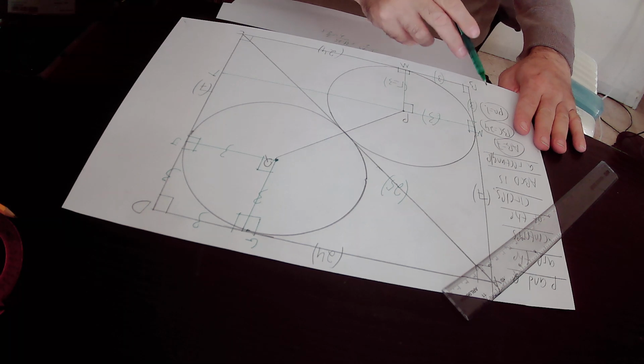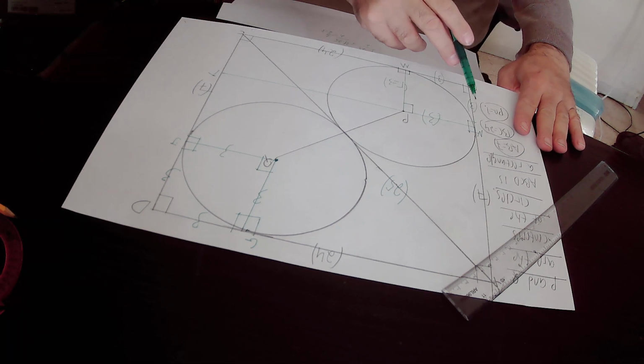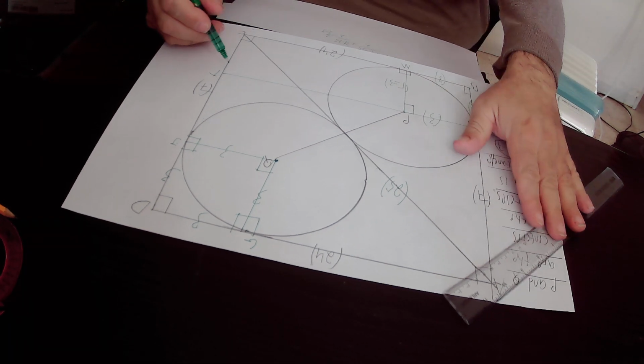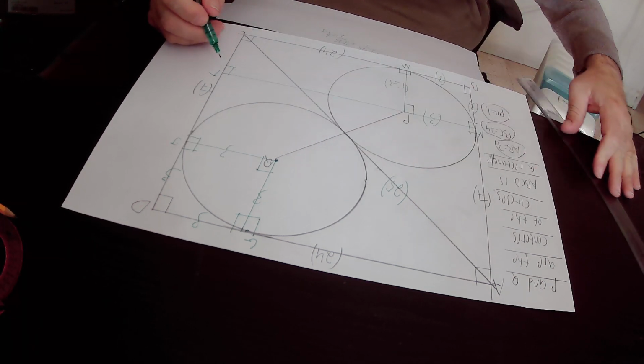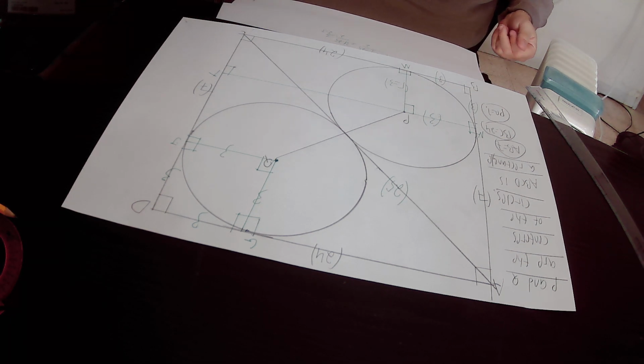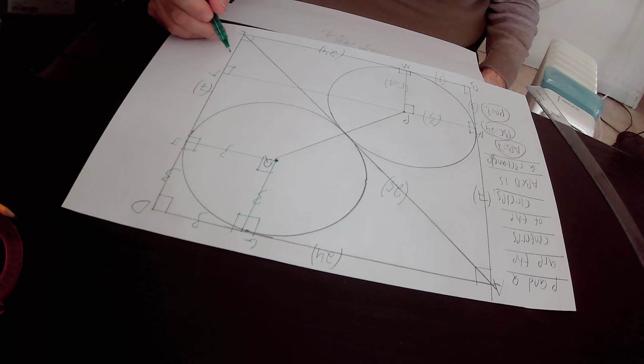Inside this quadrangle NBTC we have 1, 2, 3 right angles, therefore the fourth angle must be equal to 90 degrees. So we can relate to quadrangle NTCB as a rectangle because it has 4 right angles. Okay? And we know that the opposite sides of a rectangle are equal to each other. That is to say, NB equals TC. But NB is 3, therefore TC must also be equal to 3 units.